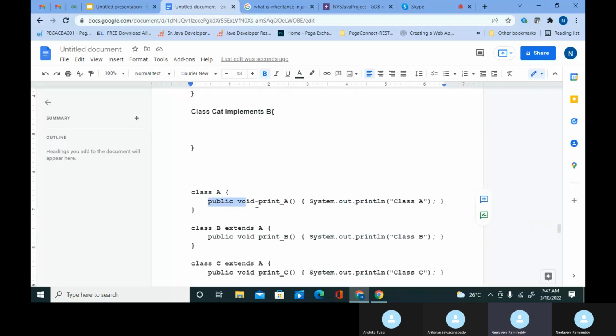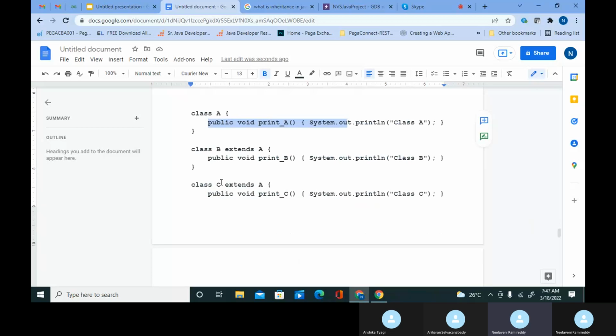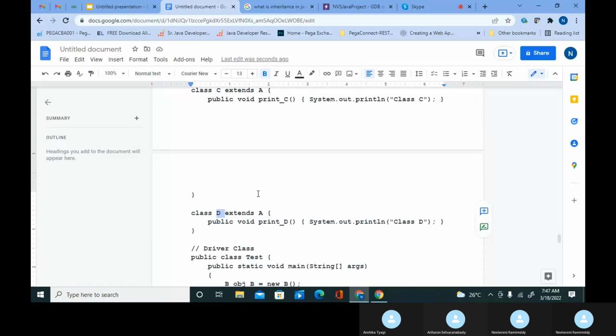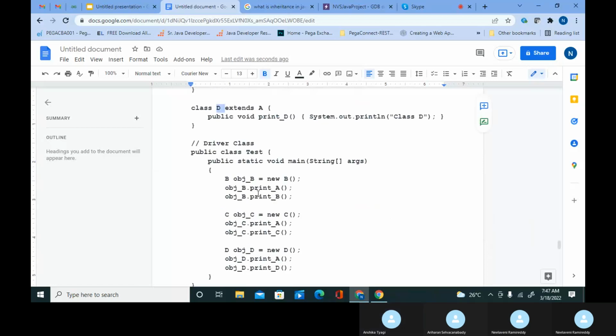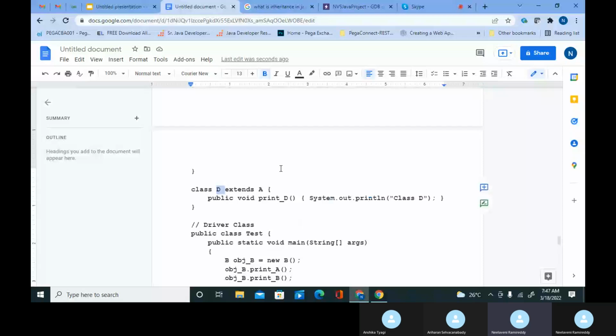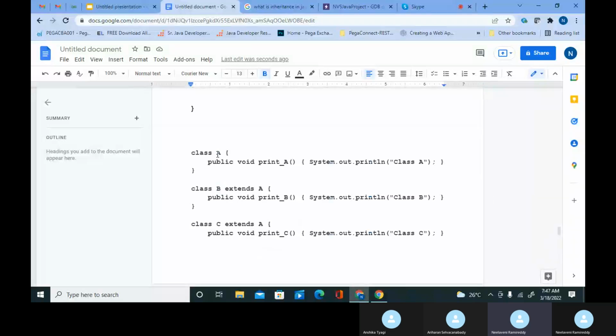This method will only be called from B class, C class or D class, right? Yes. So what they are trying to tell us is that you can extend the parent class from any child. For example, one parent can have more than one child.